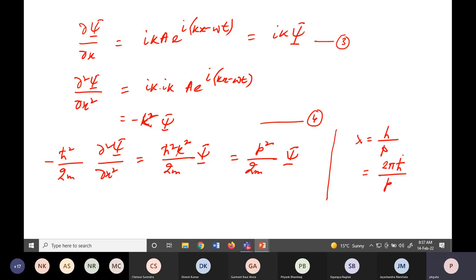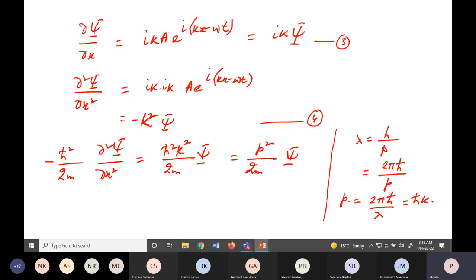Because h line equal to h over 2 pi, so I am writing in the form of h line. So p can be written as 2 pi h line over lambda, and that is nothing but h line k. So this h line k I am substituting by p here, you see. So this is my equation number 5, right?